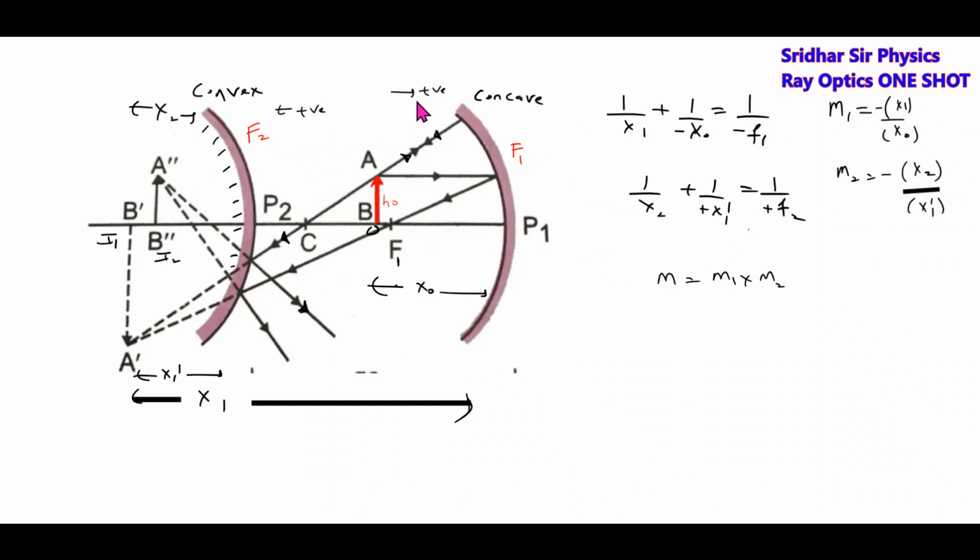If multiple concave, convex mirrors or two concave mirrors, this is the approach you have to develop. A dash B dash equals M1 into AB. A double dash B double dash equals M2 into A dash B dash. These are the formulas. And the total magnification is the product, not the sum.